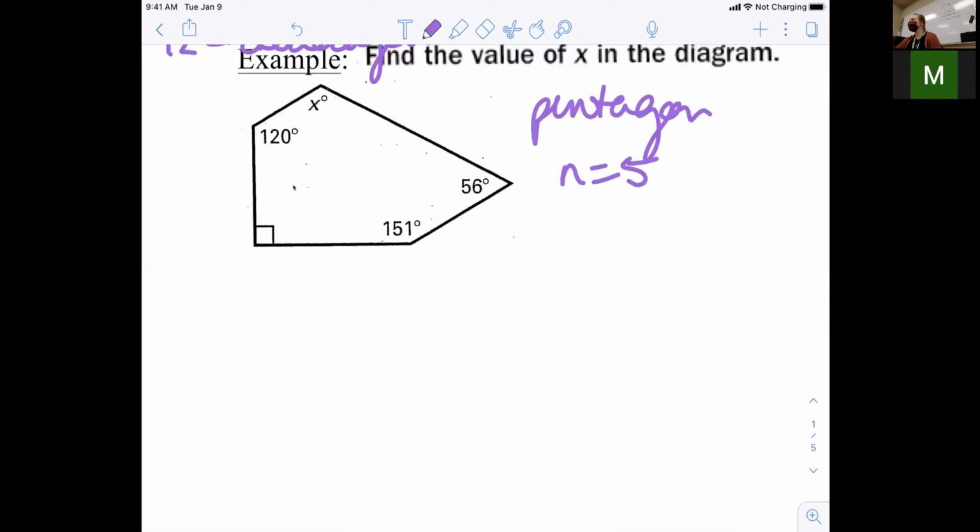Add them up and set them equal to 180. That's a triangle, right? We want to use not 180 because it's a 5-sided shape. What am I going to use? Very good. And how did you get 540? What do we do on the chart to get 540? Good. We had to do the sum, which is n minus 2 times 180.